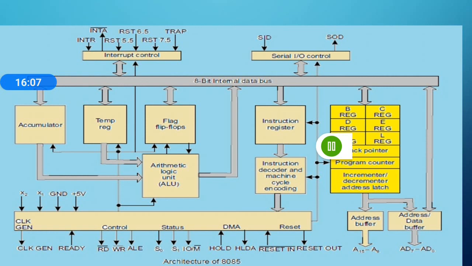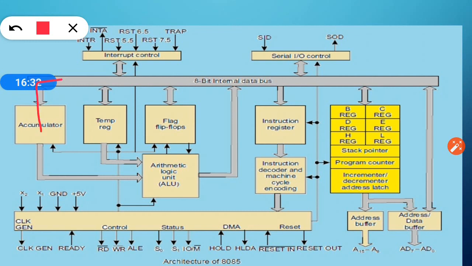So now the next function of the accumulator is the IO operation, or it performs IO functions. Normally, whenever we are using a microprocessor, we may have connected small devices to the microprocessor, generally called peripherals. For delivering data to these devices, this data is provided from the accumulator to this serial IO control to the outside world.